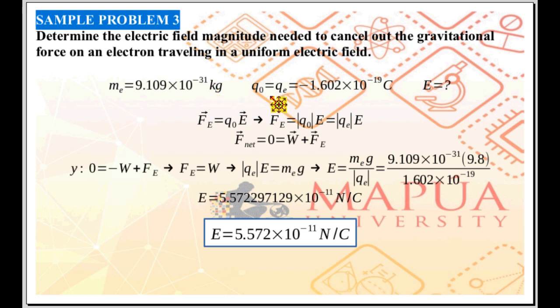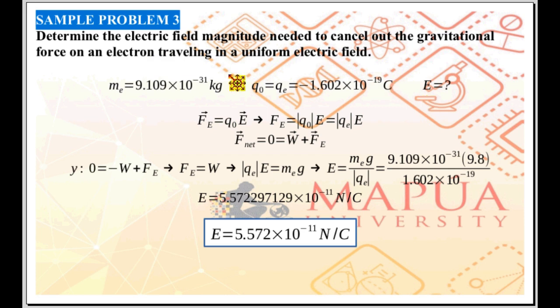And the electron charge, q naught is equal to q_e, charge of the electron, negative 1.602 times 10 to the negative 19 coulomb. We are looking for the magnitude of the uniform electric field that the electron is traveling in. We are looking for E.